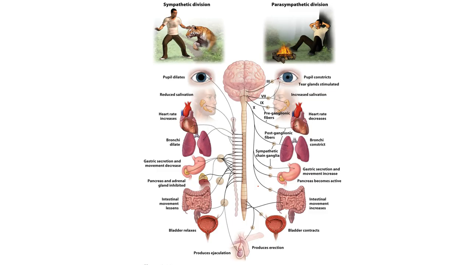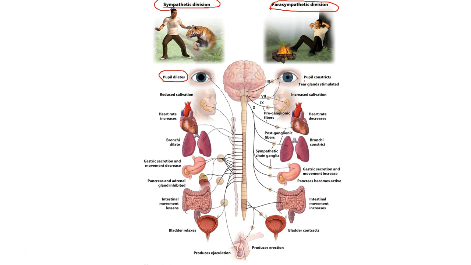What's interesting is that the sympathetic division and the parasympathetic division control similar organ structures, but they do it in very different ways. When we encounter a stressful situation, the eyes, for example, you might find pupil dilation occurring so we can gather more information from our visual world.